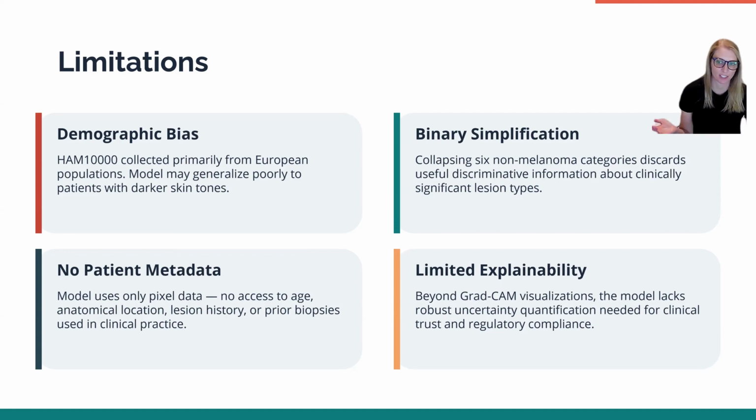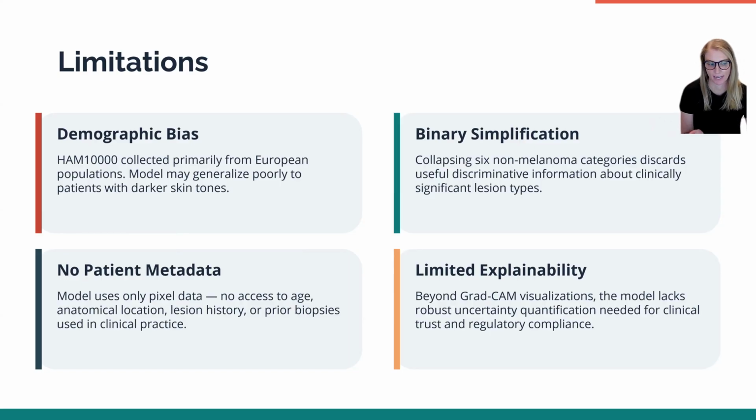We collapsed 6 non-melanoma categories, and that could actually contain really useful discriminative information about clinically significant lesion types. So for example, like in an actinic keratoses, that's not considered melanoma, but it is a higher risk for turning into a melanoma. And so those images were just discarded as simply non-melanoma.